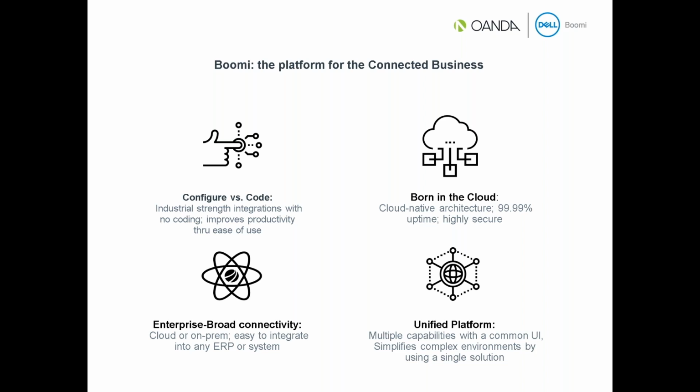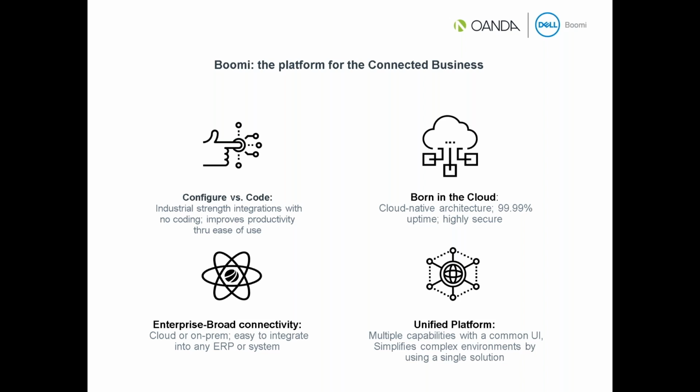Another important benefit of our platform is our broad enterprise connectivity. So as we saw in a previous slide, we're able to connect to any type of technology or application inside of your ecosystem, whether it's API-based, a traditional database, file system, file server, you name it, we can support connectivity to it.